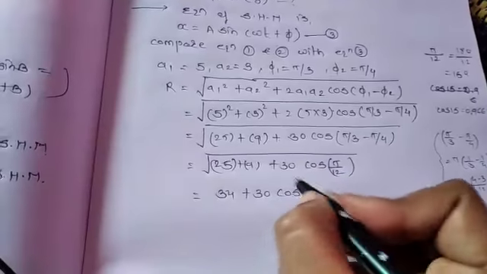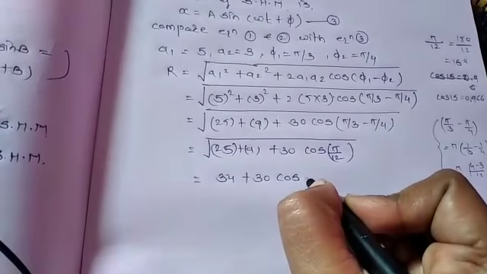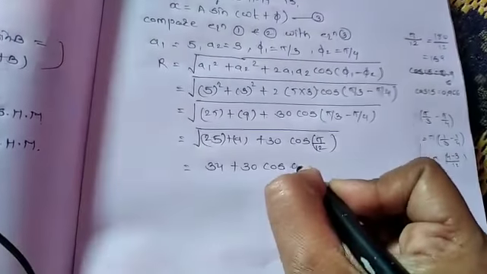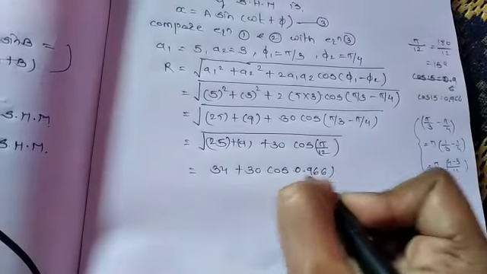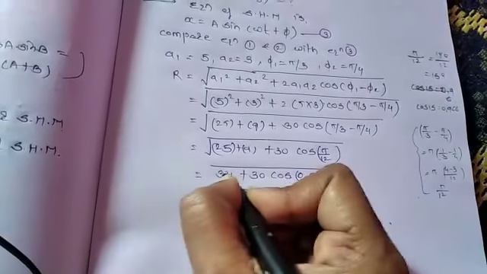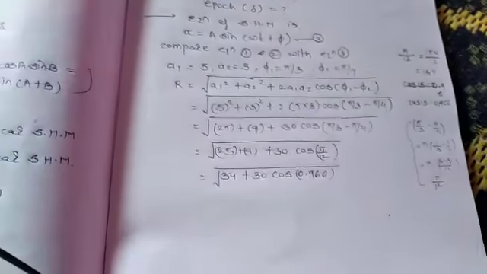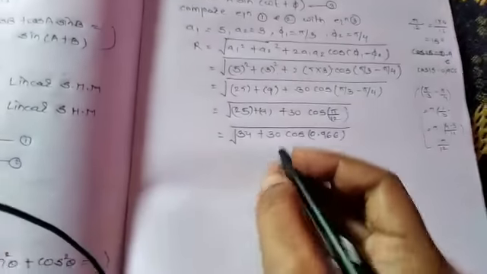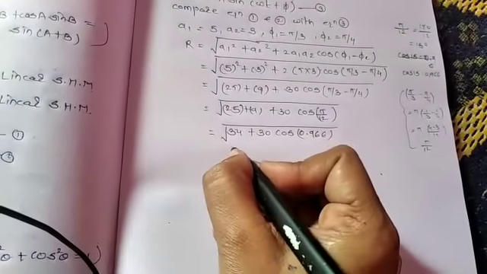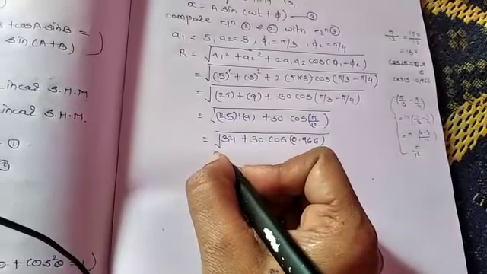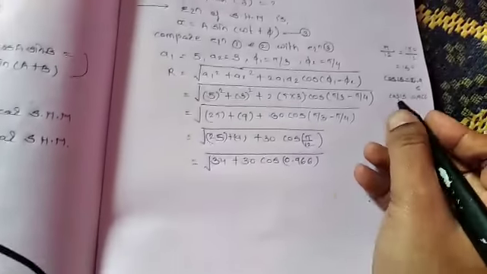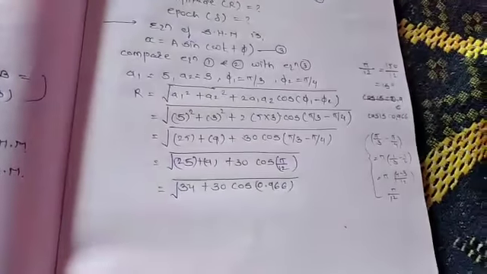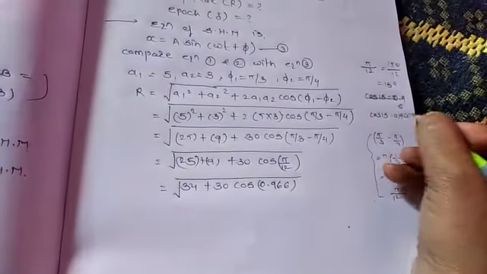So I will write this value directly here; this is the value of cos 15.